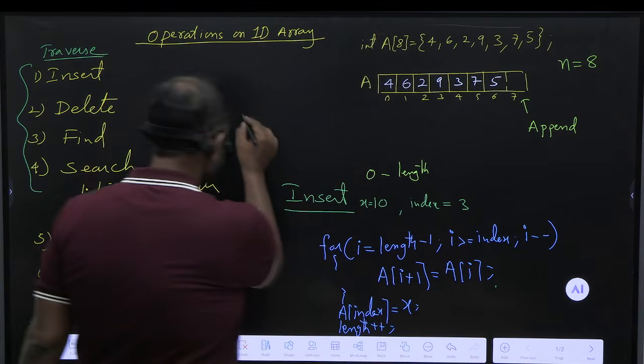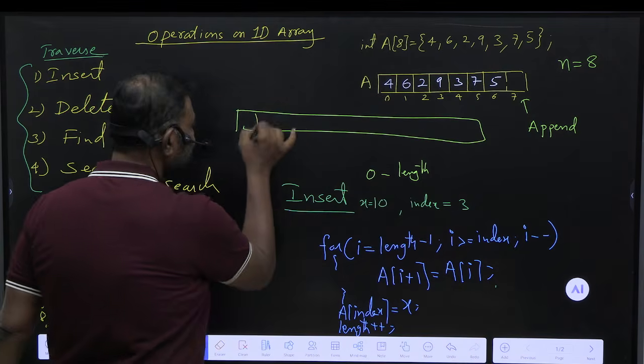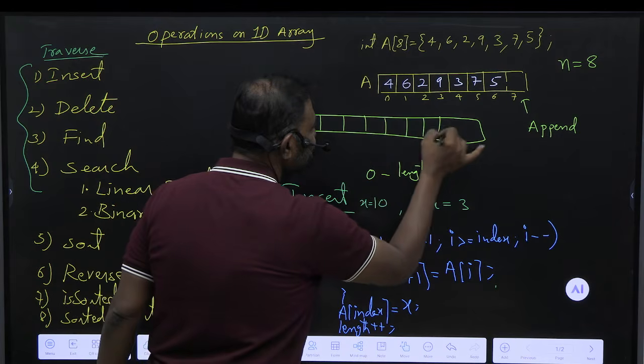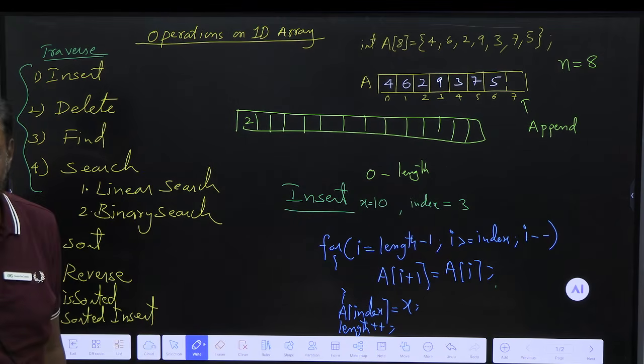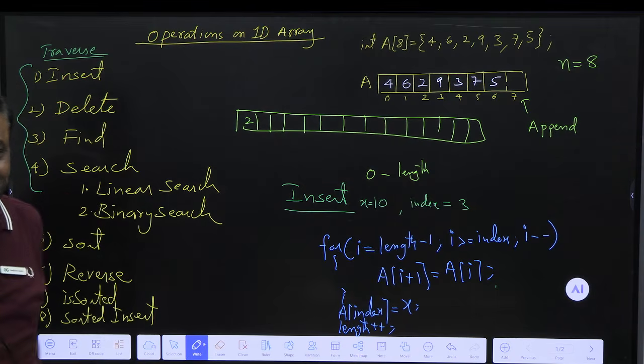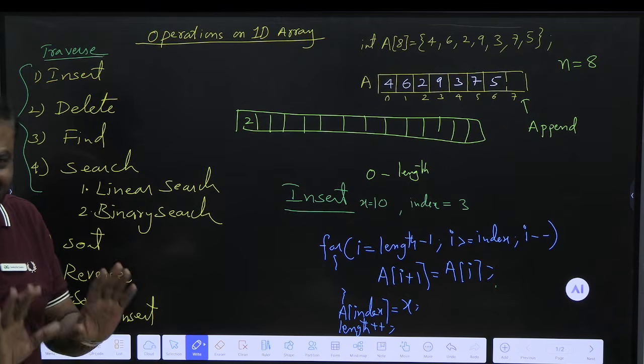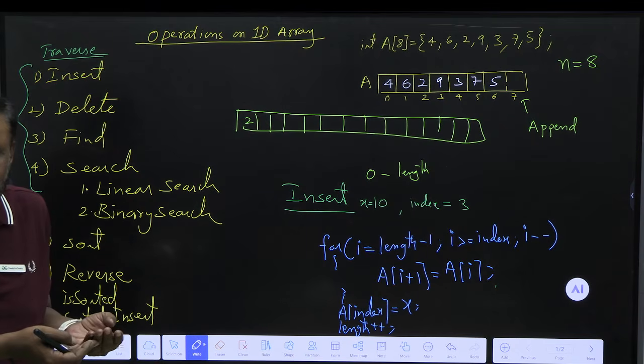I can have one array with just one element. Now what is the array size? But how many elements are there?